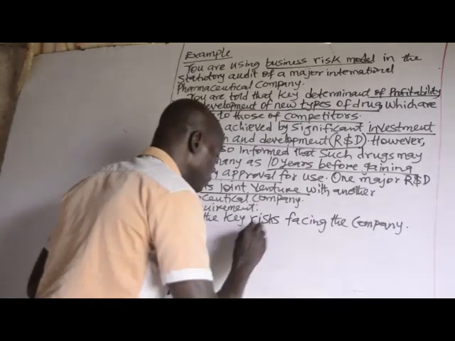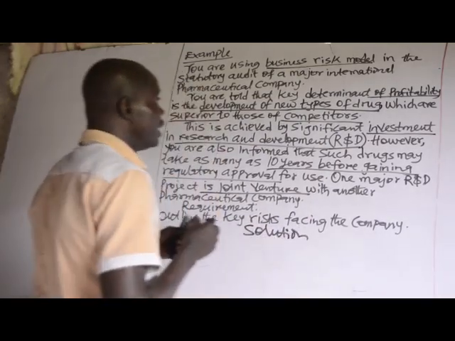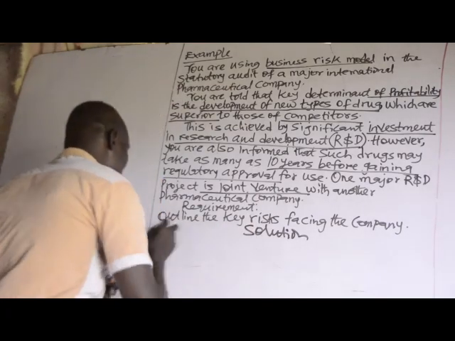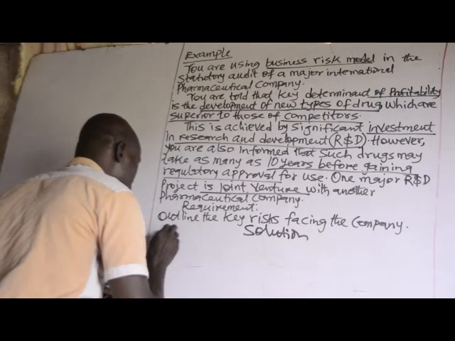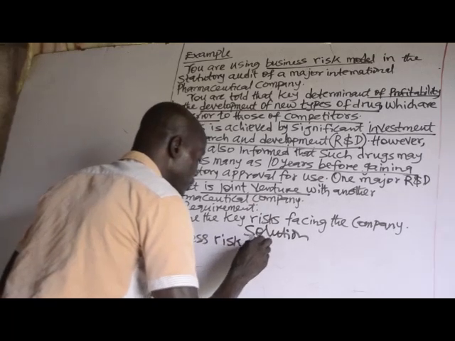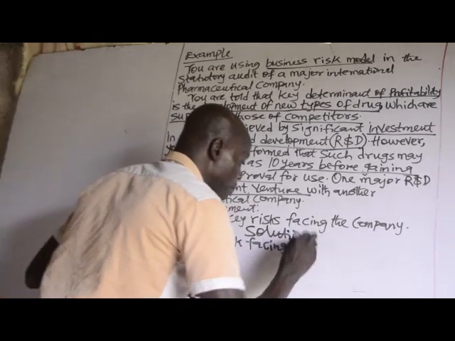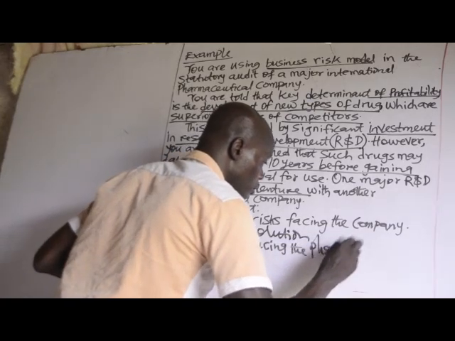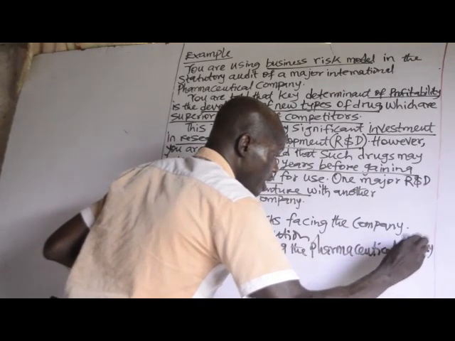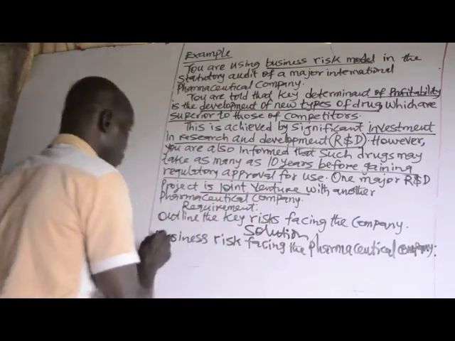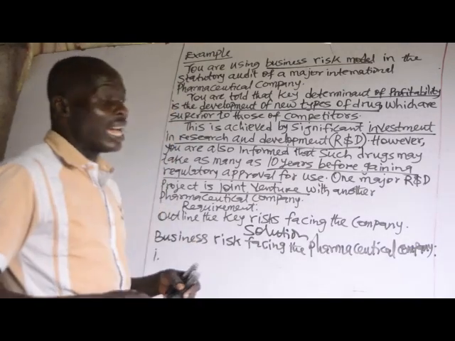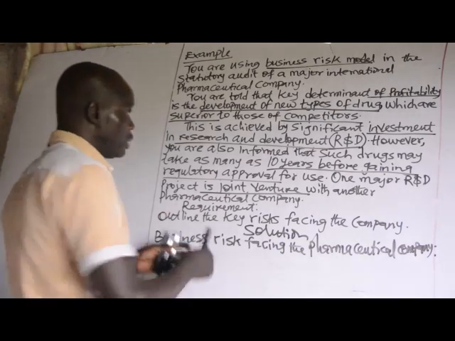Now let's have the solution. Solution: the business risks facing the pharmaceutical company include: number one, risk of failure of internal research and development project.